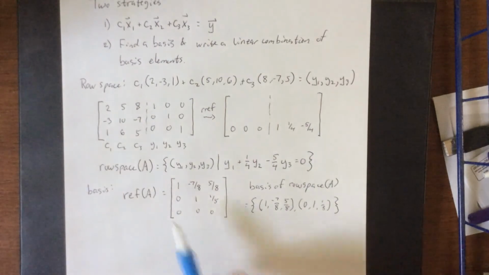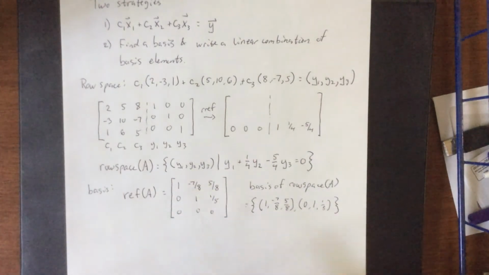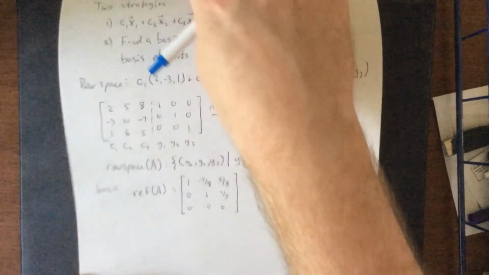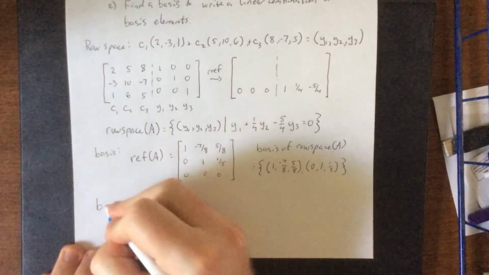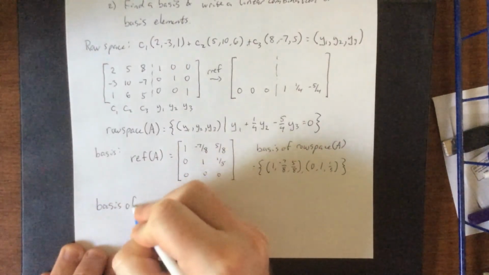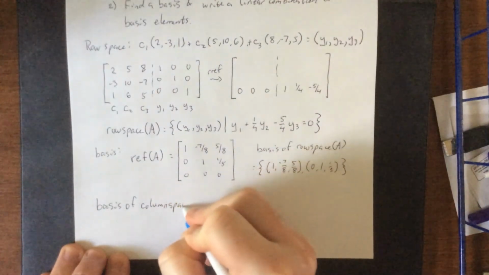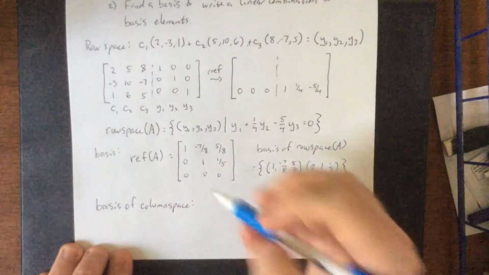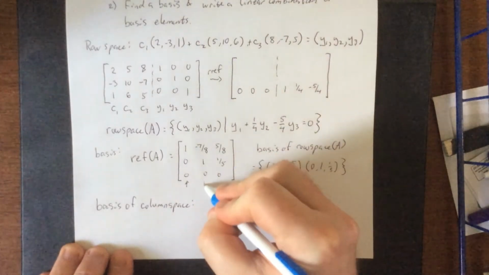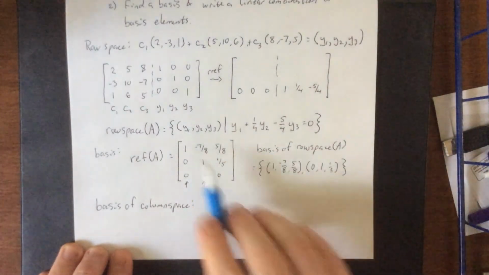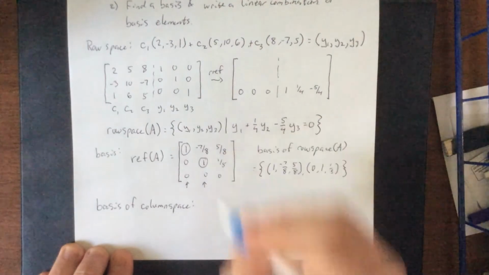Now, the other thing that row echelon form tells us is the basis of the column space. So for a basis of the column space, it is the first column and the second column that correspond to where our leading ones are. Leading one here and leading one here.